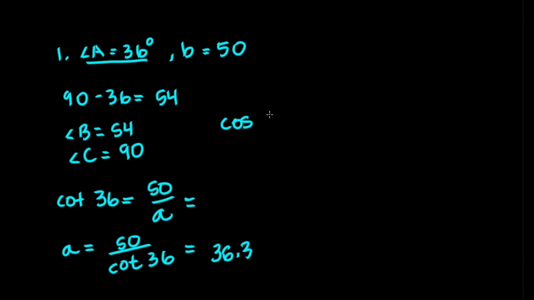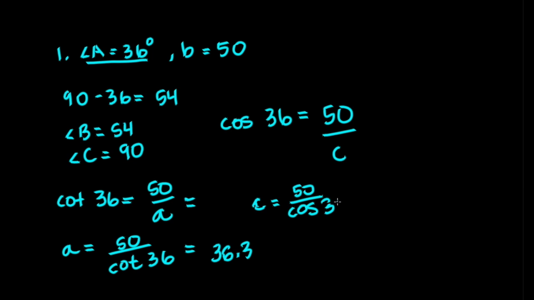Since we know that b equals 50, we can write that the cosine of 36 equals 50 over c. We'll multiply both sides by c and then divide by cosine of 36 to get that c equals 50 over the cosine of 36. Once we simplify this fraction, we can see that it approximately equals 61.8.